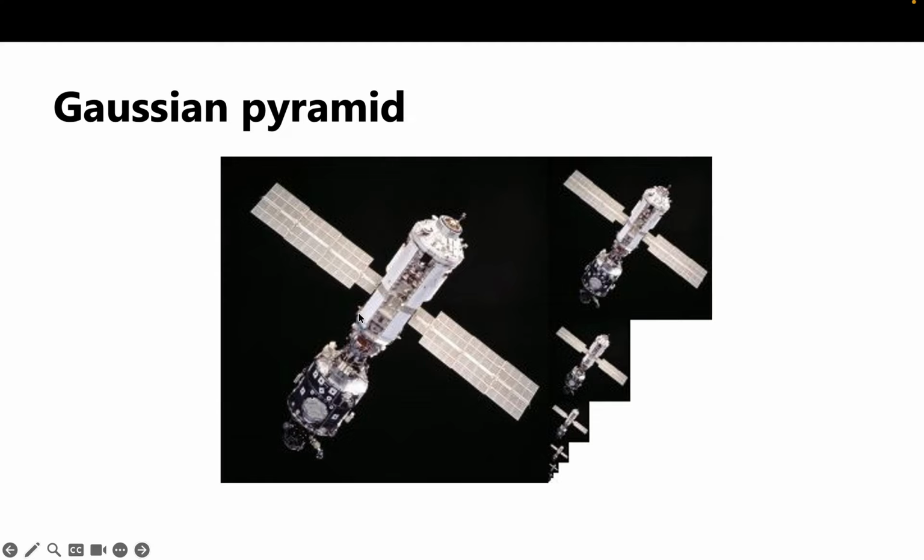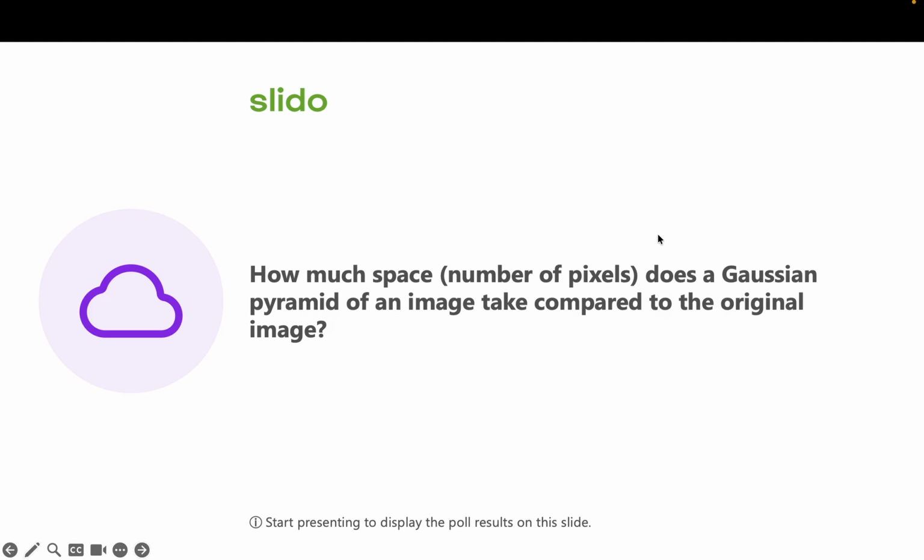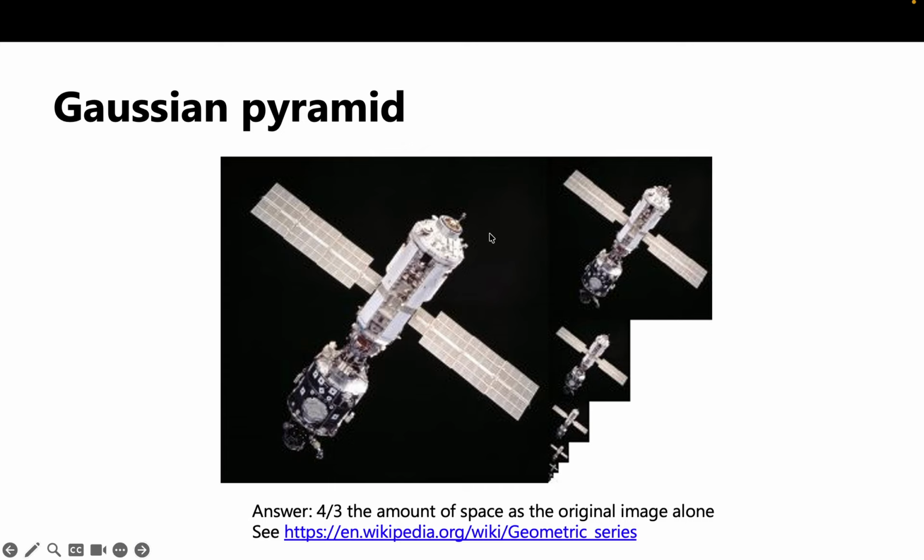If we keep applying the Gaussian filter and then perform the subsampling, we will generate a new image which is half the size of the original image. And then we add it up. So at the end, we have 4/3 the amount of space as the original image.